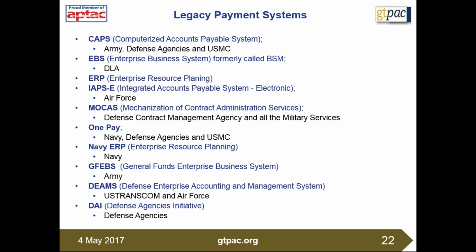So they're even adding more acronyms, and so many acronyms now, it's like a can of alphabet soup. But these are things that some of you are either very familiar with or not familiar with at all. MOCAS is one. DCMA uses that. All the military services use that, and so on down the line. So these are the legacy payment systems that will actually make the payments.